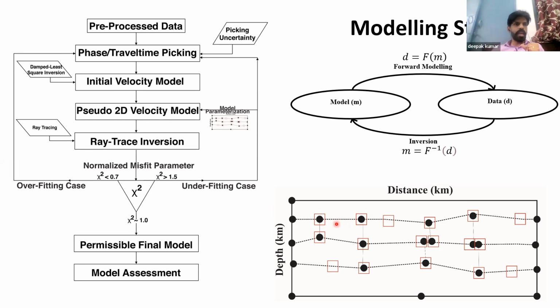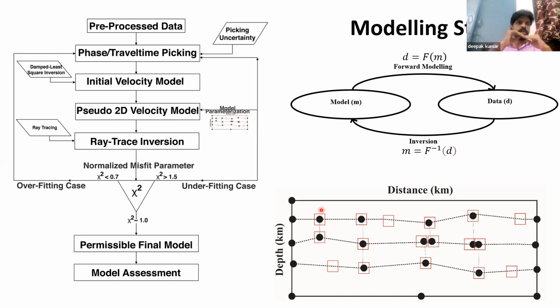If the rays are generated, then for that layer I give the velocity information, the velocity gradient, and the depth. So there are 3 parameters. These black dots are depth parameters, and the squares are velocity parameters. So I'll have to change the velocity gradient and depth also.